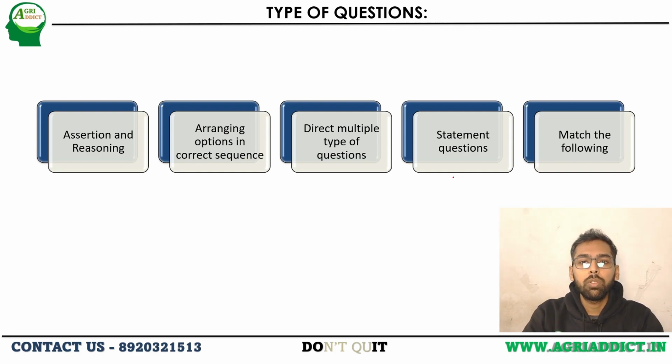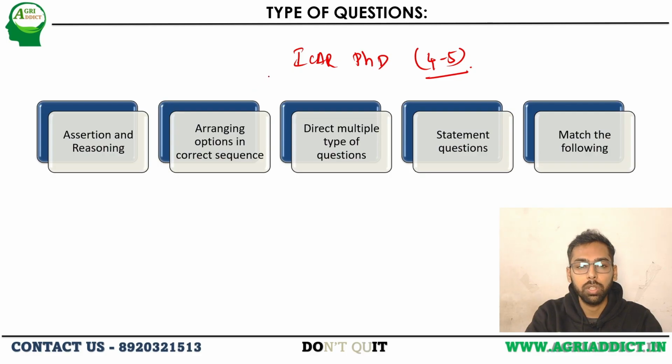Regarding the type of questions asked in the ICAR PhD examination. Over the past 4 to 5 years, ICAR has revised its level of difficulty and has improvised in asking different types of questions.